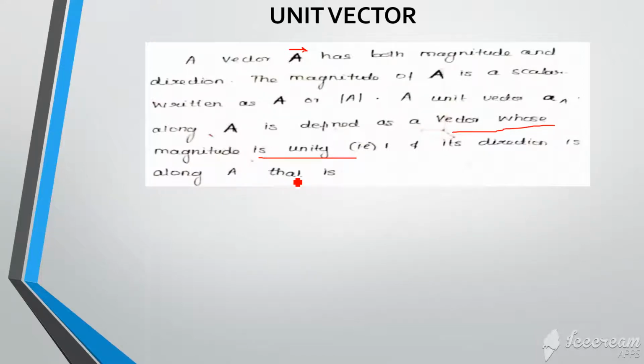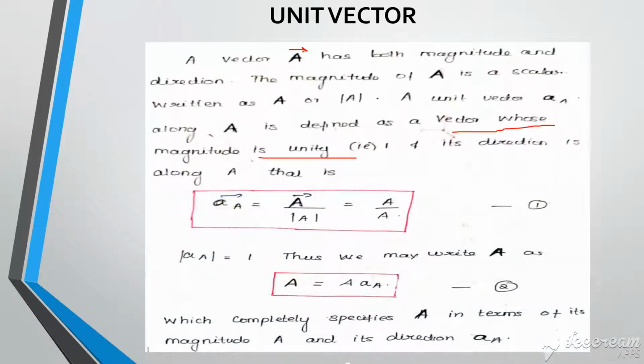We can define the unit vector a_A equal to vector A divided by mod of vector A, which is vector A divided by A. We already know the magnitude of a unit vector is unity.